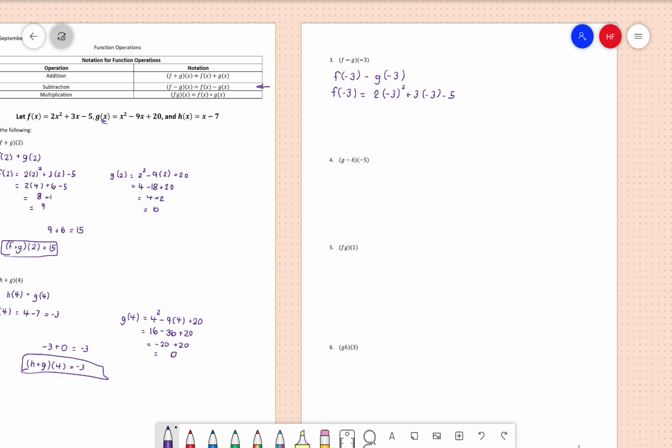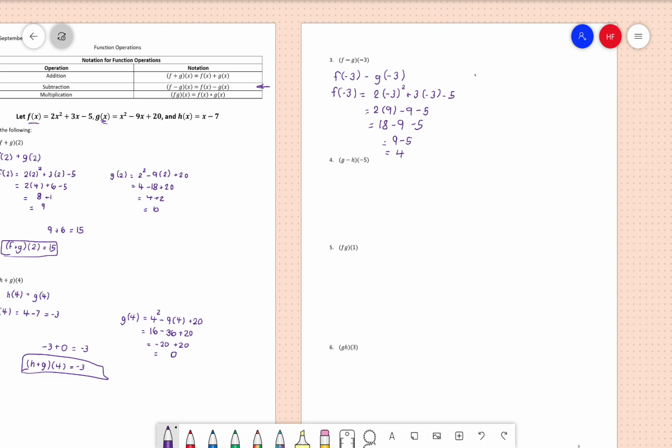So we get 2 times positive 9, because we would have negative 3 times negative 3. And then 3 times negative 3, so minus 9, minus 5. 2 times 9, 18, minus 9, minus 5. 18 minus 9 is 9, minus 5 is 4. So f of negative 3 is 4.